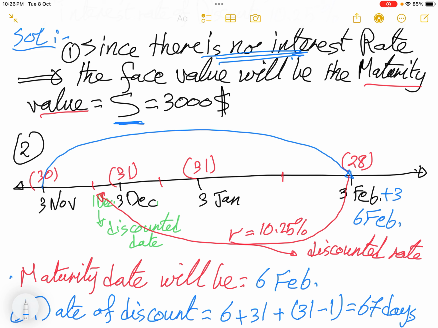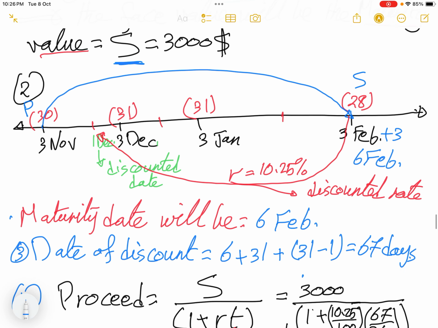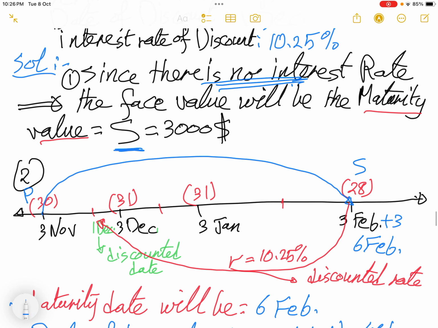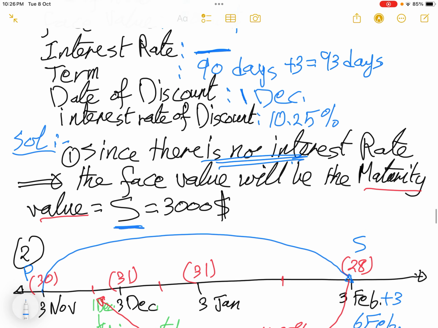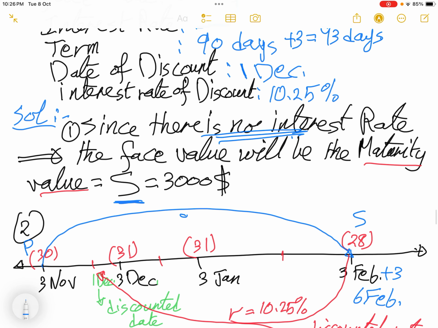Here, if you have B, you must calculate S, but if you have S, you will calculate B, but discounted. Here, maturity value. First of all, we have 30, which is 93 days.